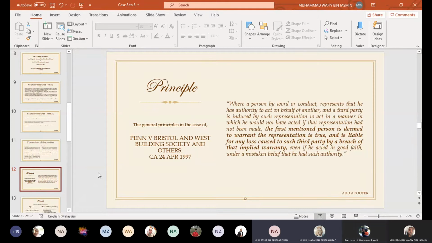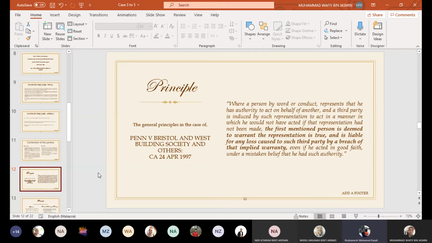Okay. Is your client bound by the act of you as his or her solicitor if you have acted without the authority? For instance, as a result of your conduct that has exceeded the authority or was done without the authority of your client, he is required to pay the defendant. Kalau dia plaintiff, dia kena bayar defendant a certain amount as a judgment.